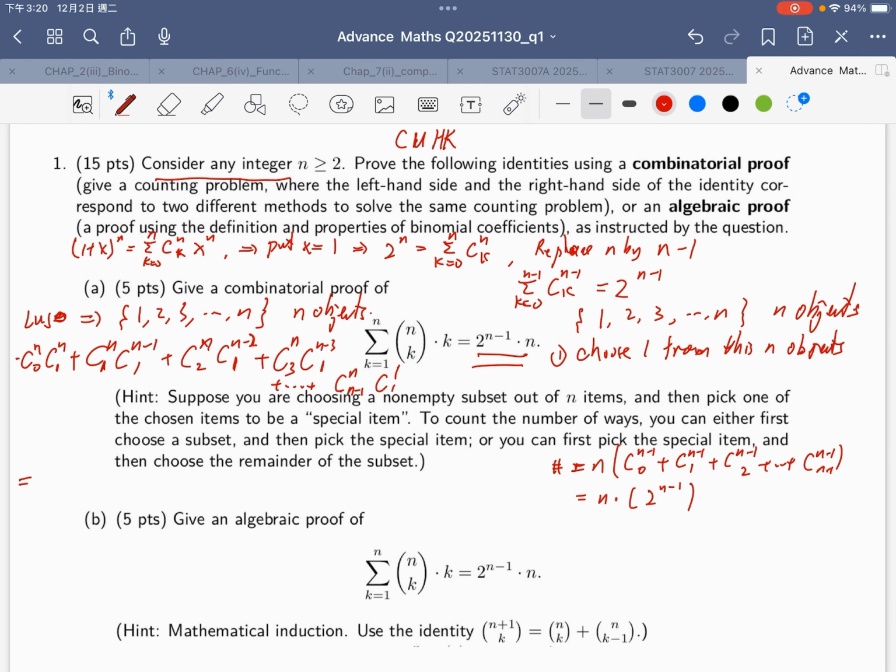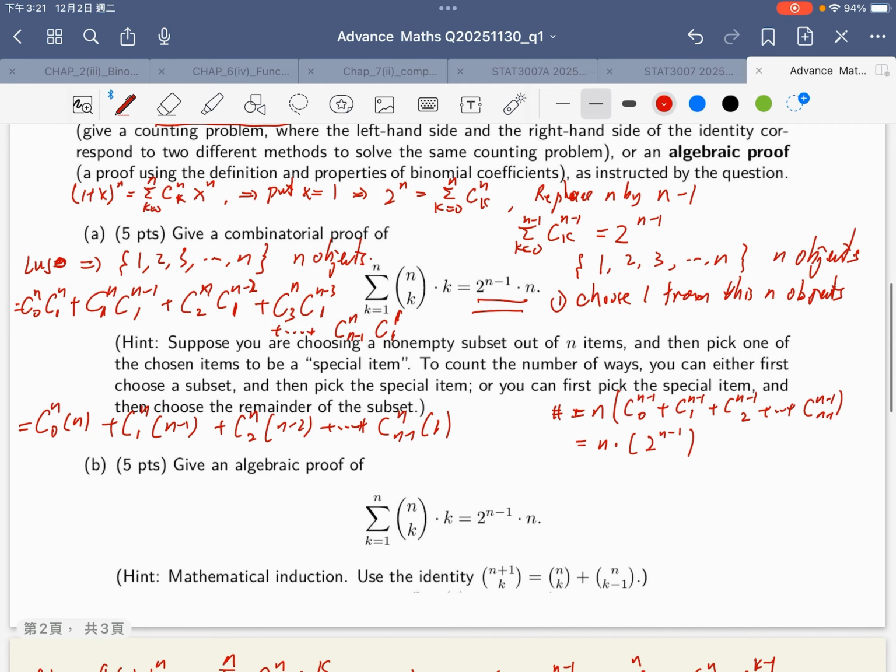Let me simplify this. The first term is nC0 times n, plus nC1 times (n-1), the third term is nC2 times (n-2), and then the last one is nC(n-1) times 1, since 1C1 is equal to 1.